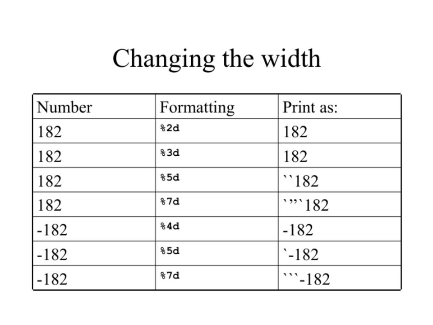Notice how the formatting specifier, like %5d or %7d, ensures that the number occupies at least that many spaces, padding with blanks if necessary. It's also interesting to see how negative numbers are handled with these widths. For example, printing -182 with different widths, you'll see that the negative sign is included within the total width, which can affect the alignment.